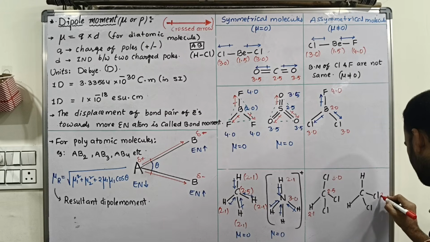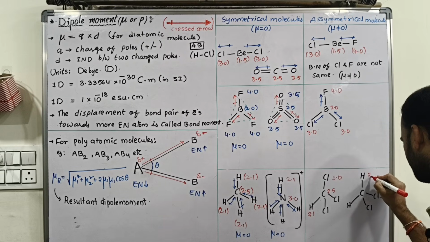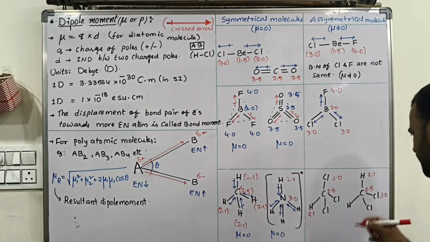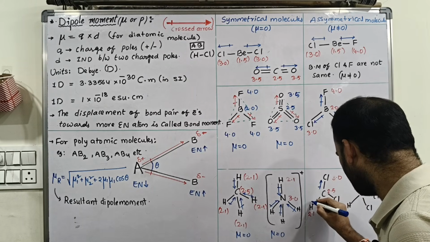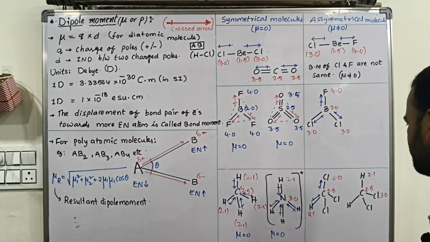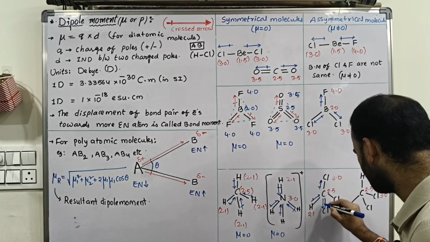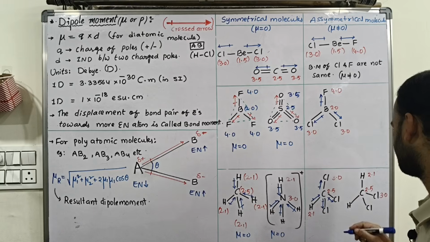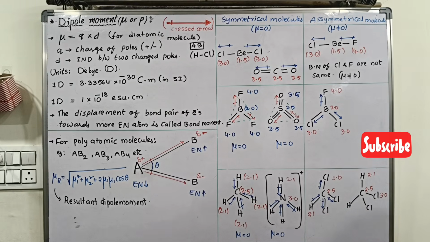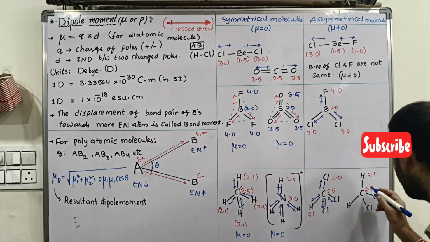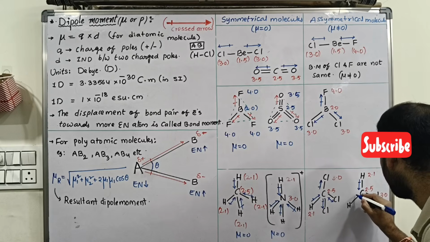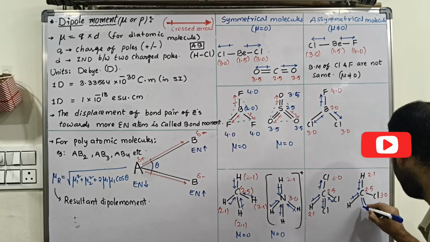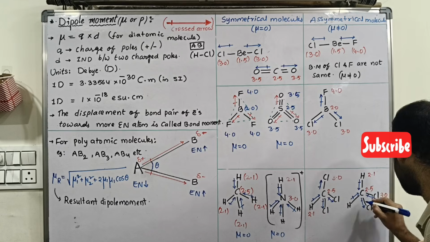Here also the same: chlorine is 3, hydrogen is 2.1, carbon is 2.5. So the bond moment is from hydrogen to carbon, and from carbon to chlorine, like this.